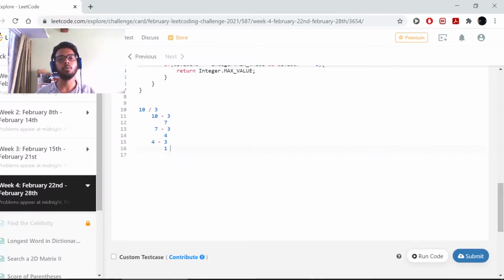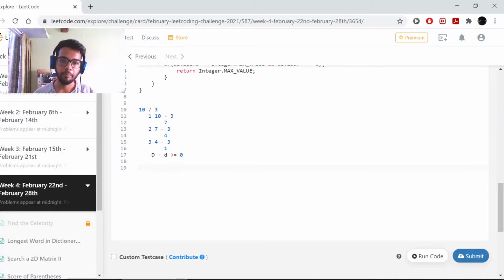So we need to take care of one condition, that dividend, I'll write it, capital D minus d should be greater than or equal to 0, because we can take away 3 from 3, but we cannot take away 3 from 2, 1 or 0. So this is one way of doing it. And how do we know what the quotient is? It's 1 plus 1 plus 1 thrice, so 3 is the answer.